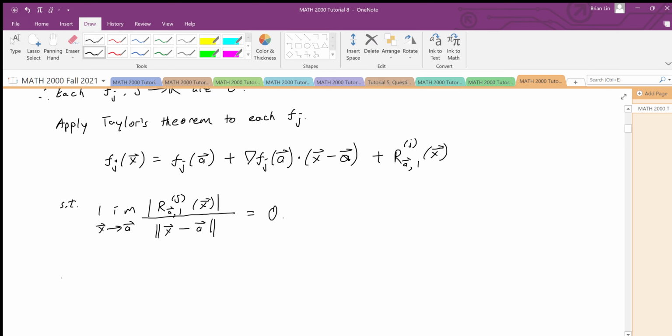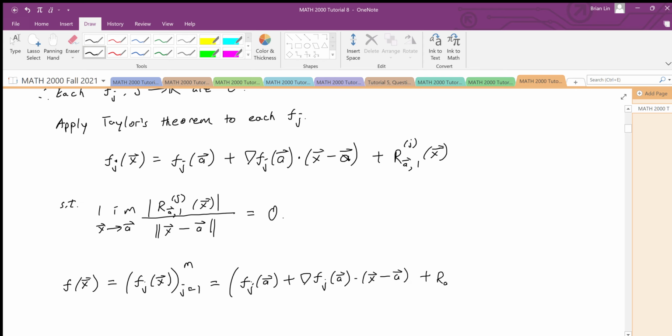And each of the component functions satisfies this. And this is satisfied by each component function. So all we have to do is just move some terms around.